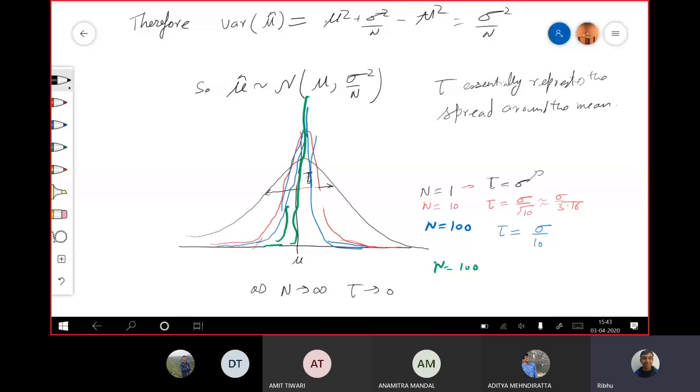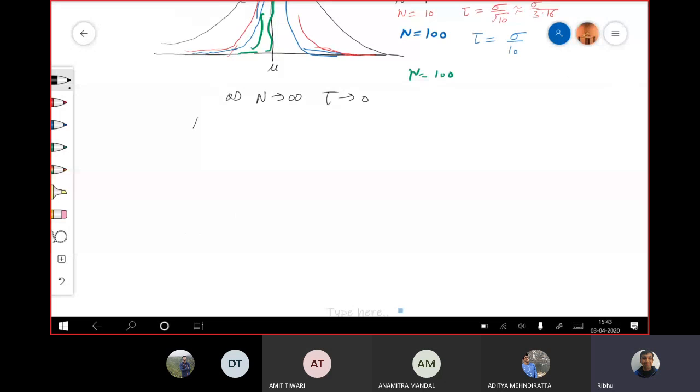So as n tends to infinity, sample mean converges, and you can also say that the rate of convergence is root over n.